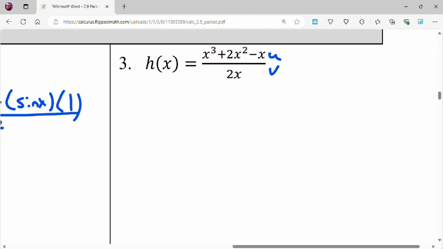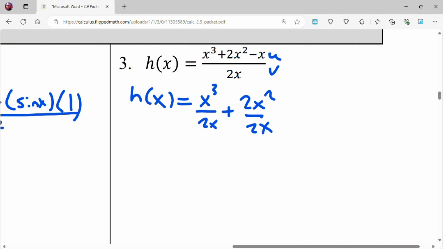Well, we can rewrite h of x as x cubed over 2x plus 2x squared over 2x minus x over 2x.